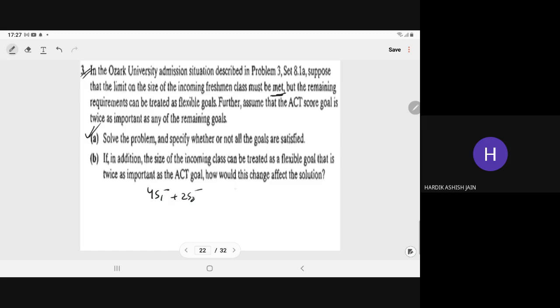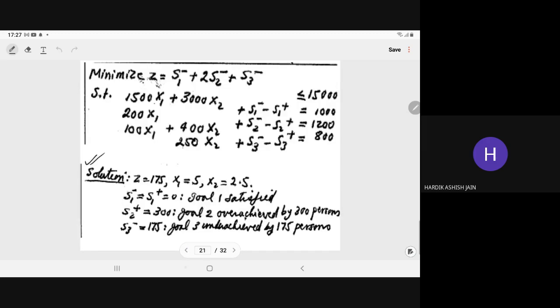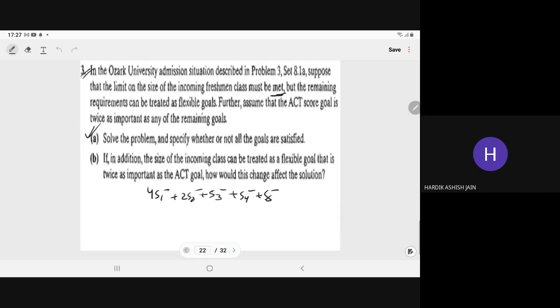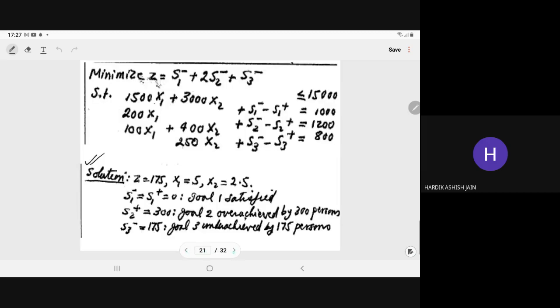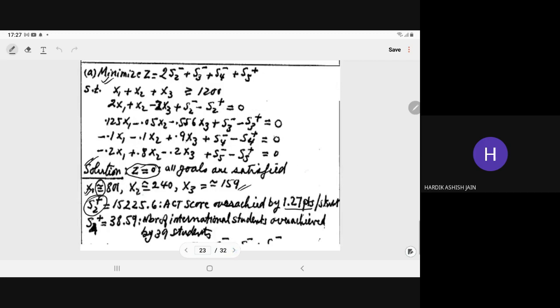So 4 S1 minus plus 2 S2 minus plus S3 minus plus S4 minus plus S5 minus. In this case, you have seen that x1 plus x2 plus x3, 12 801 plus 240 plus 159 is greater than 1200.